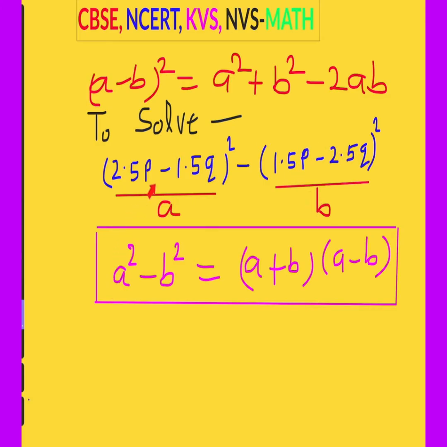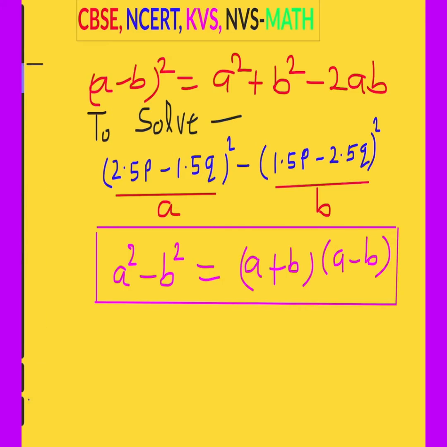Then this will convert to a², because this whole is a, and minus b², because this whole is b. And you know an identity, that is a² − b² equal to (a + b)(a − b). So replace this a and b by these values in both brackets, and you will get the answer in a simple way.